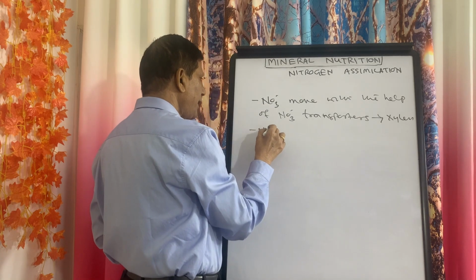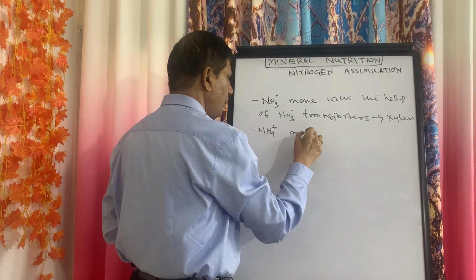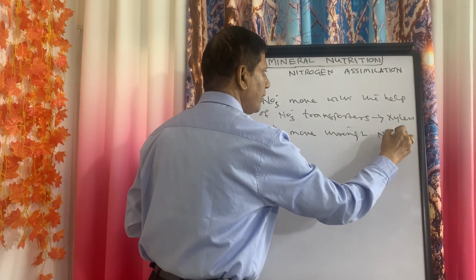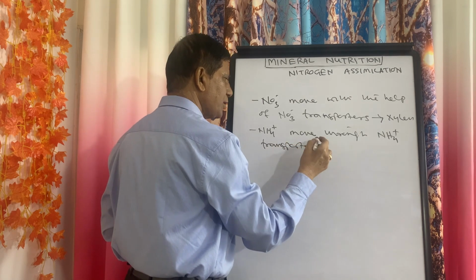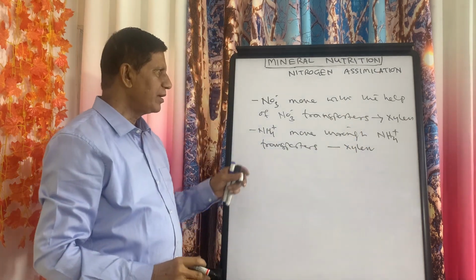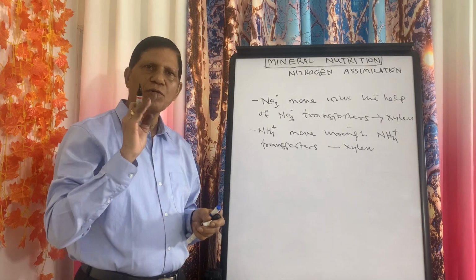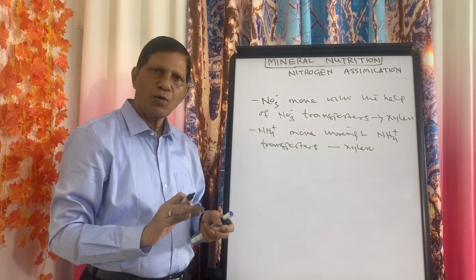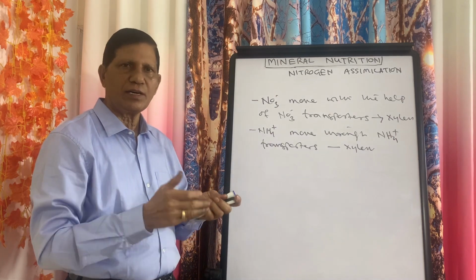Similarly, if ammonium ions are absorbed, then they also move through ammonium transporters and again through xylem only. That means through xylem, the ammonium ions or the nitrate ions which are absorbed from the soil will be translocated to the upper part of the plant body, that means to the leaves, where they will be assimilated. So how this assimilation takes place, let us discuss step by step.